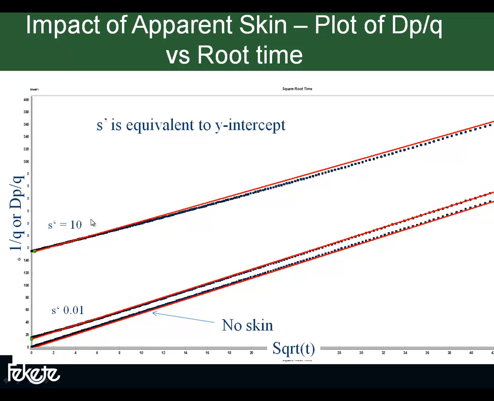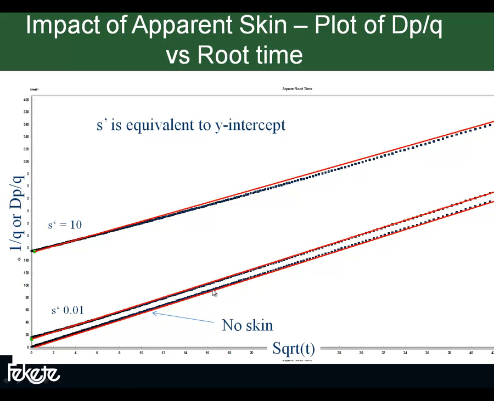However, if we do a square root of time plot, so this is a plot of delta P over Q, or for constant pressure cases, simply the inverse of flow rate versus square root of time, the linear flow is still going to be apparent even in the presence of skin. And we can see the effect of skin basically as the position of this line changes.